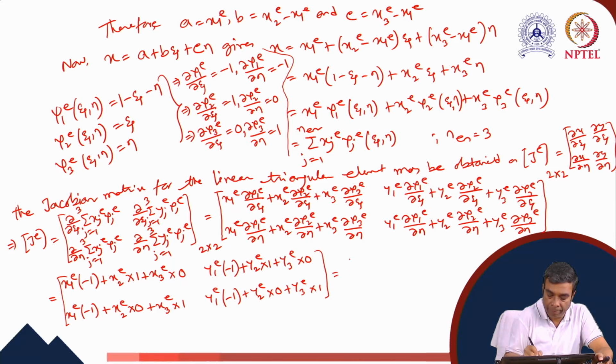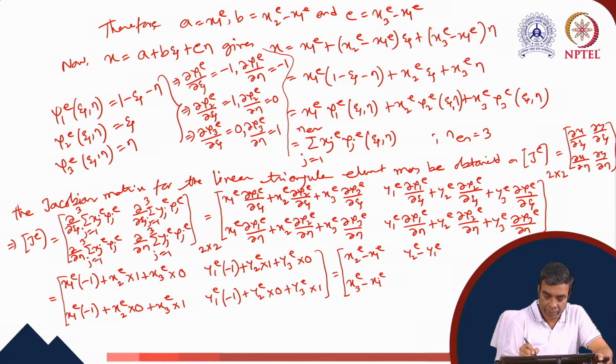So we can simplify the Jacobian matrix as x2e minus x1e, here we have y2e minus y1e. In the second row, we have x3e minus x1e, and the last term reduces to y3e minus y1e.